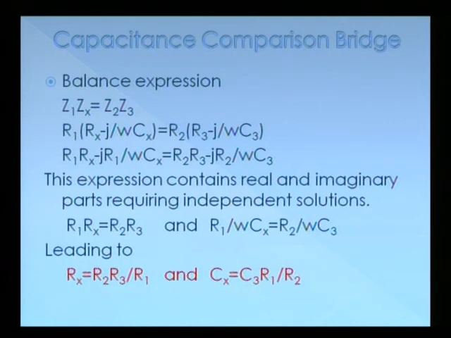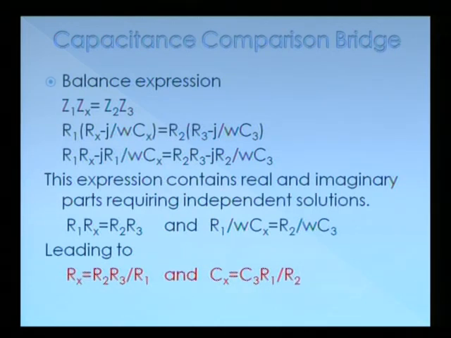Balance condition as it is, Z1 Zx is equal to Z2 Z3, reducing it to a final value. The expression after reduction goes to R1 Rx minus j R1 upon omega Cx equal to R2 R3 minus j R2 upon omega C3. Now this particular expression has two different quantities. It is basically a complex expression containing a real part as well as an imaginary part.